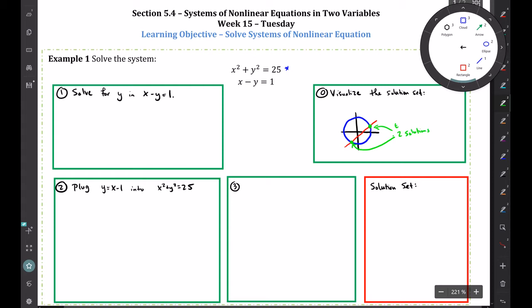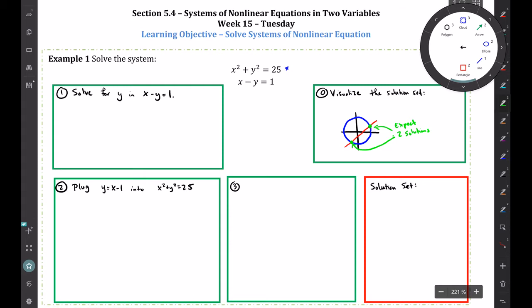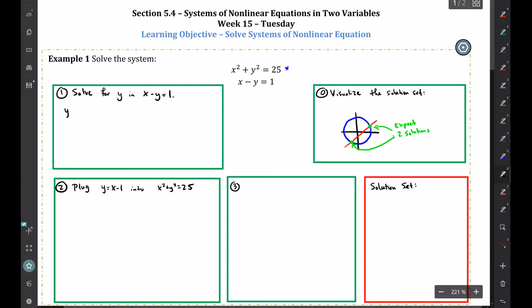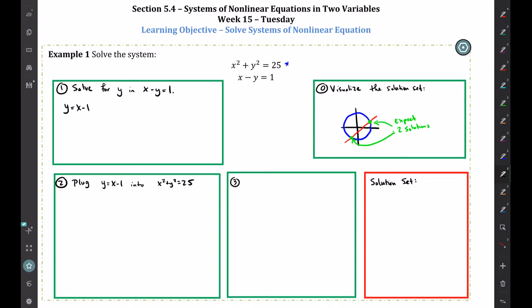And now we need to figure out how to find those two solutions. So in step 1, I'm going to solve for y. You take x minus y equals 1. If you add y over and subtract 1 over, you get y equals x minus 1. Now you plug that into the other equation, x squared plus y squared equals 25.